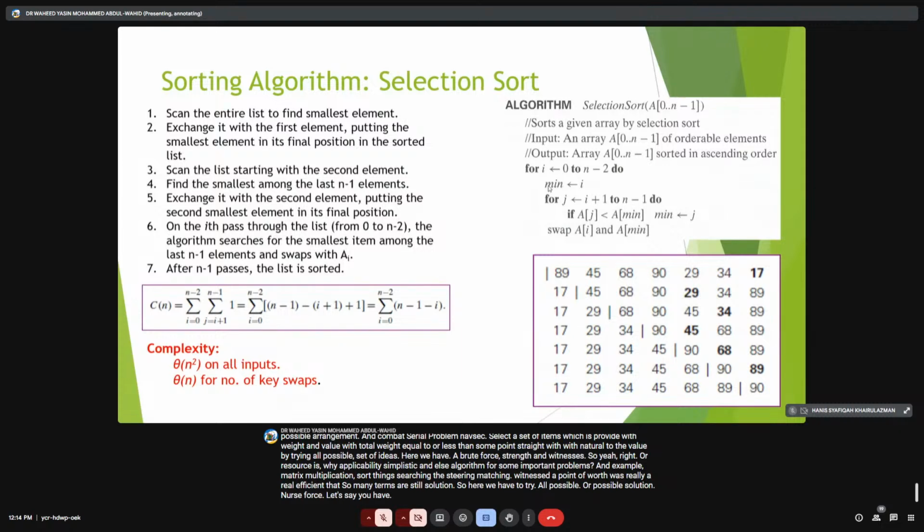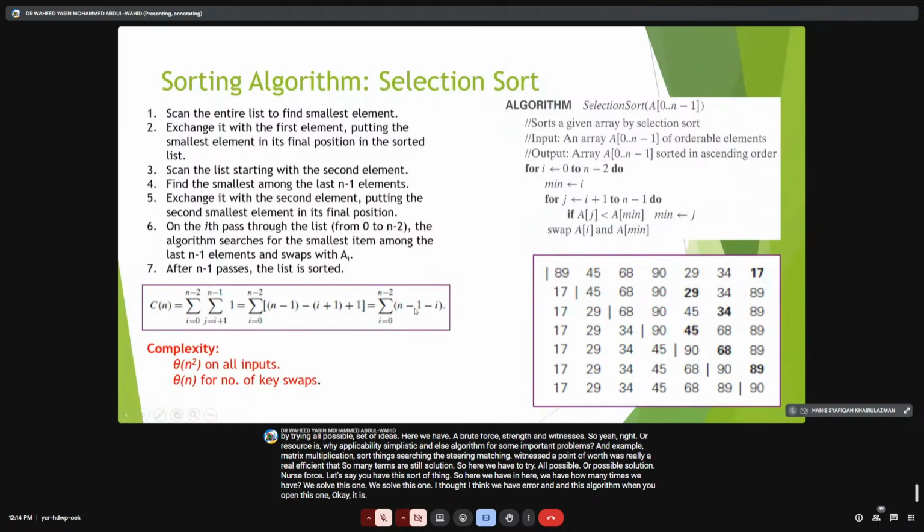Let's assume we have this sorting algorithm. Here we count how many times we do this. I think we have an error in this algorithm.